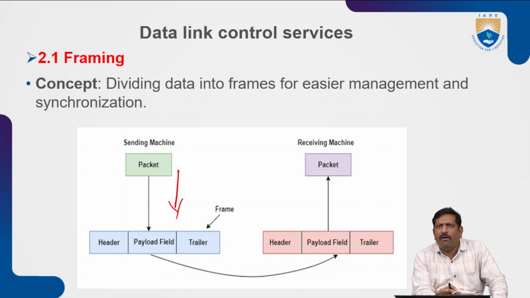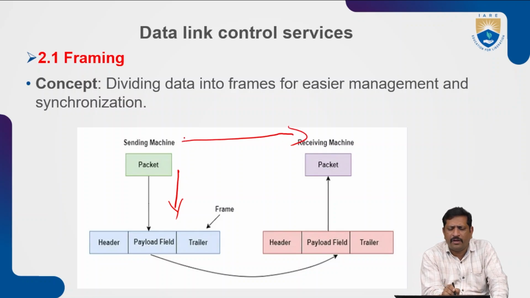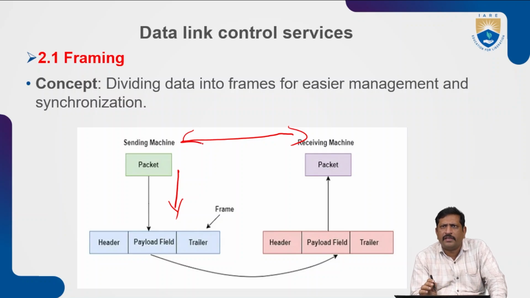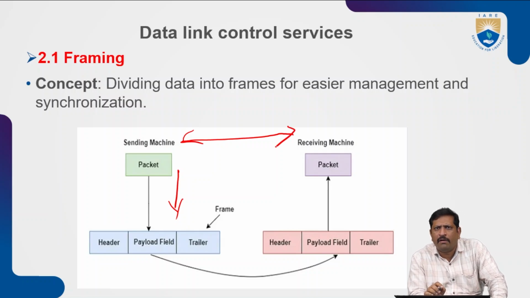That means all the data can be transferred at a time from the sending machine to the destination machine. A bulk amount of data can be transferred at a time because the data is divided into a number of frames.